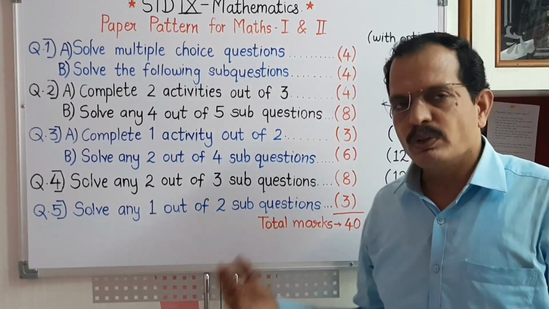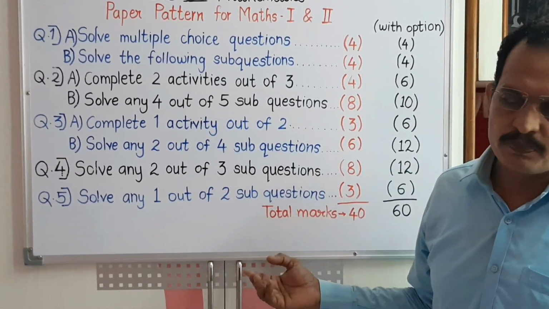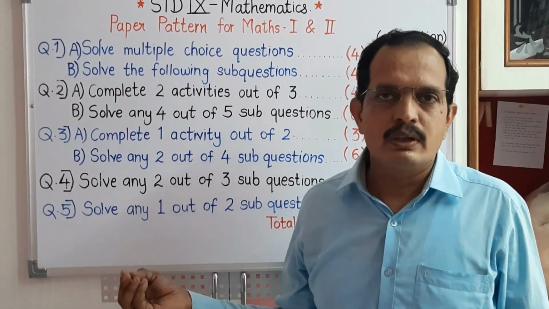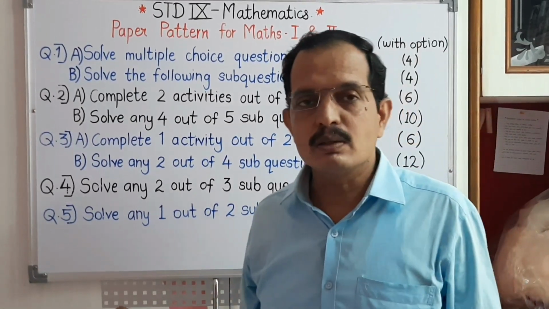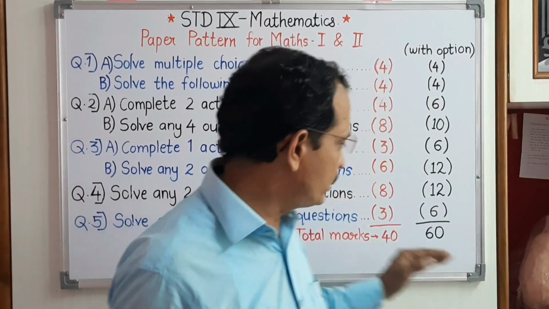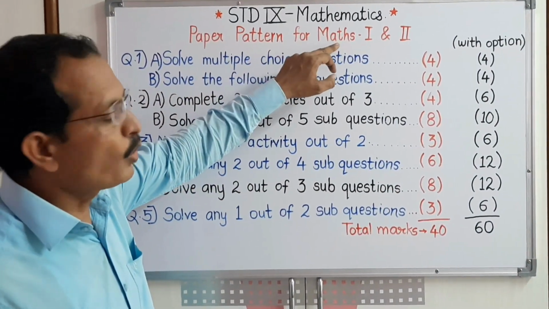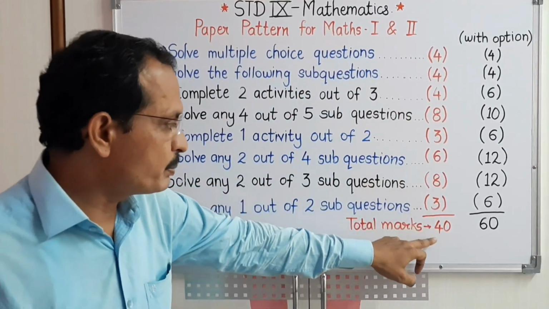Some construction will be given and you have to complete that construction. Some answers to questions are given, and from that answer you have to frame the questions. Some creative questions will be asked in this question. Therefore, for our first term, Maths 1 and Maths 2, the question paper is of 40 marks.